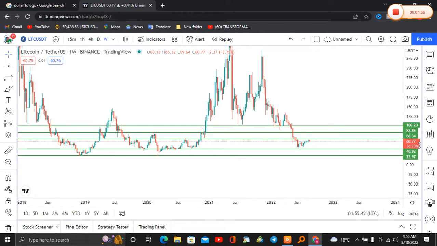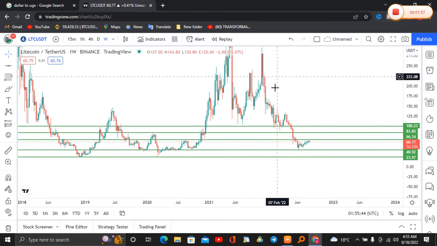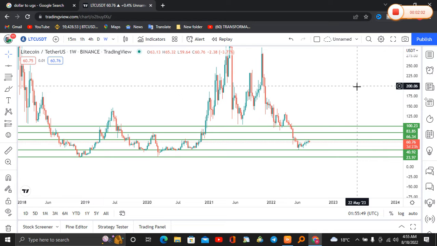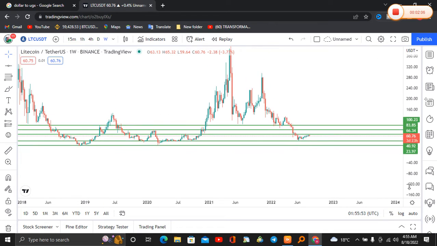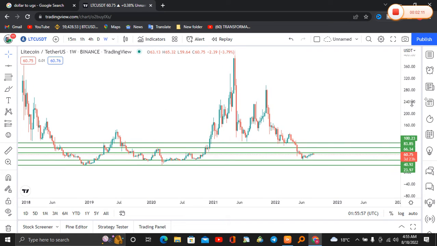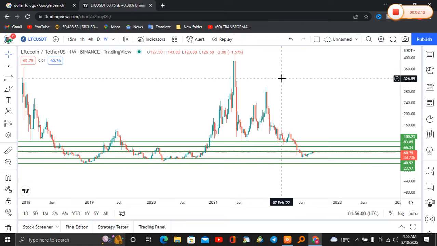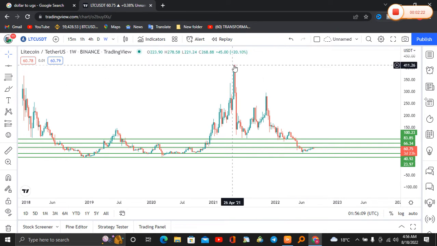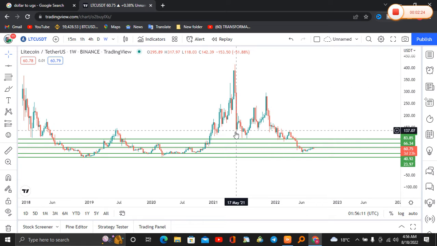Now when you look at all cryptocurrencies at the moment, they're in a deep downtrend. There is no bias of an uptrend. Most of the cryptocurrencies are in a deep downtrend. When I look at Litecoin, it dropped. The highest high of Litecoin was $412 per coin, but at the moment it dropped all the way from 400, came back, and retested the level of $115.